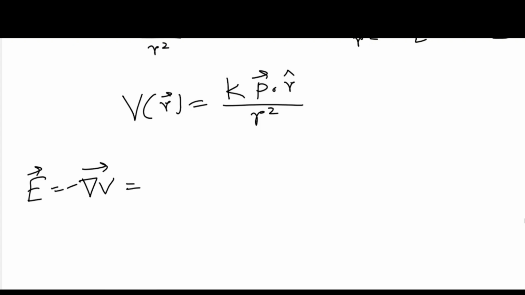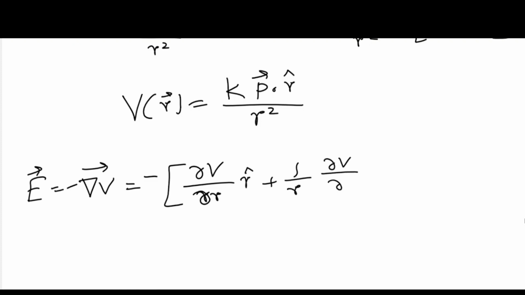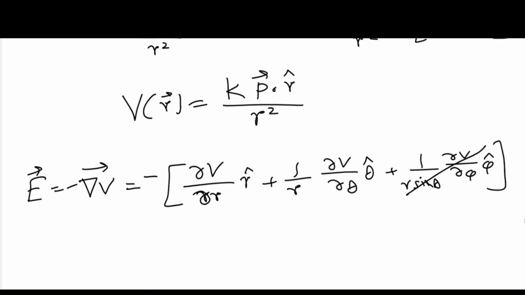So notice we are using spherical polar coordinates, so we express our gradient in spherical polar coordinates and we will get minus dV by dr r cap plus 1 upon r dV by d theta theta cap plus 1 upon r sin theta dV by d phi phi cap, and notice that there is no phi dependence in the potential, so this term goes away.